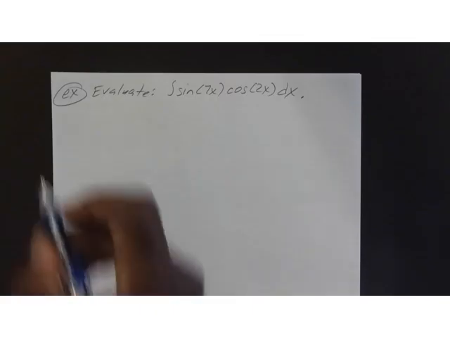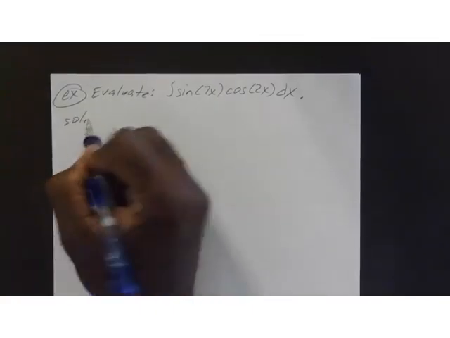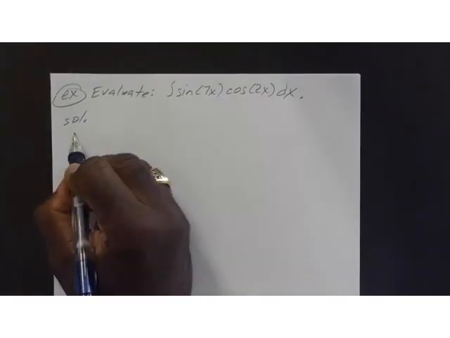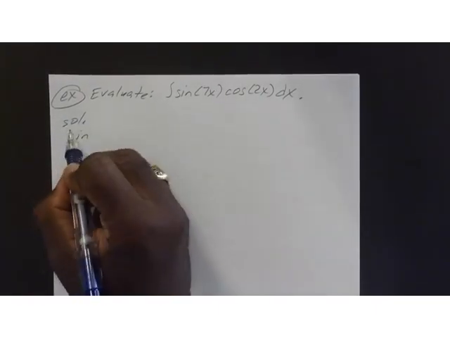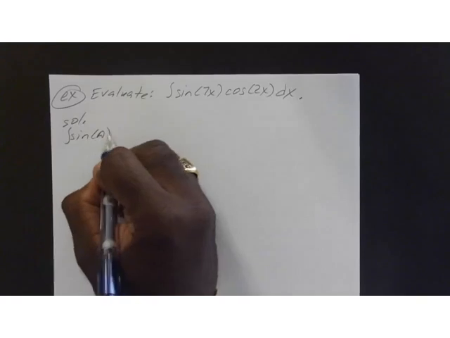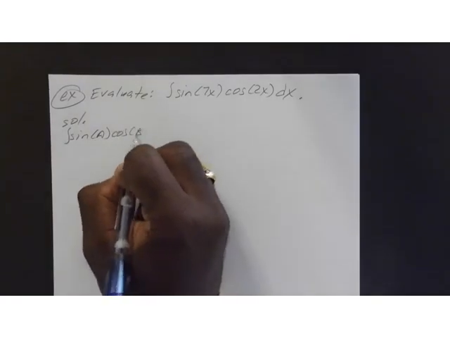So this is a sine-cosine combination. So we're going to look at integral sine of a times cosine of b.